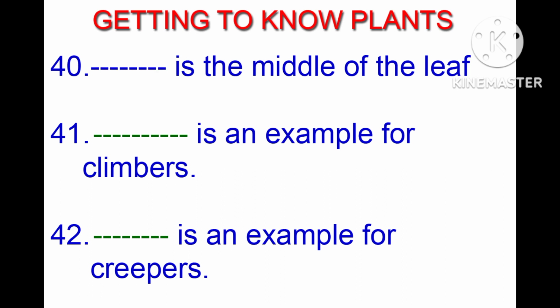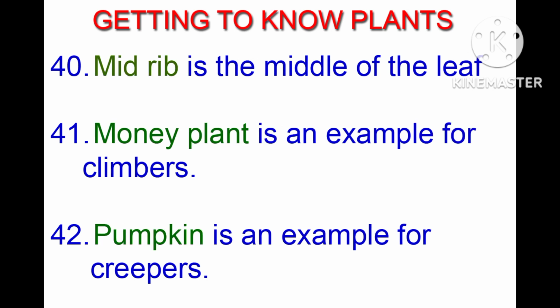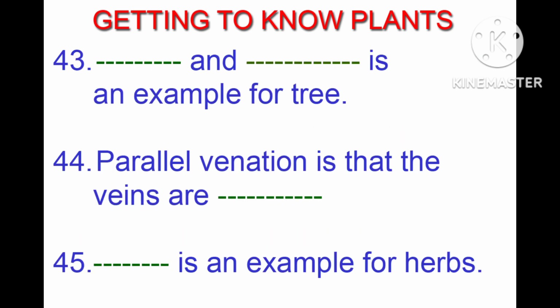41 question. Dash is an example for climbers. The answer is bottle gourd. 42. Dash is an example for creepers. The answer is watermelon. 43rd question.